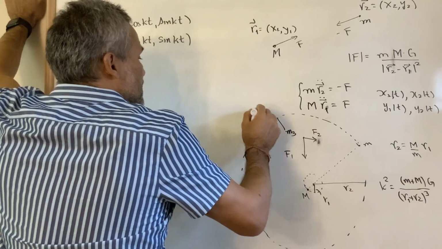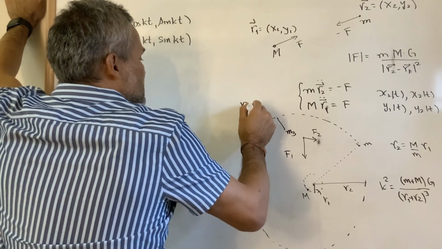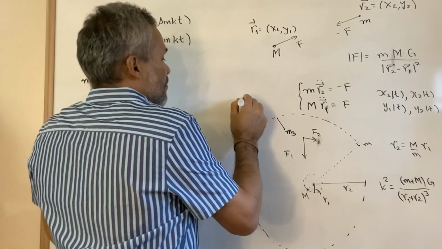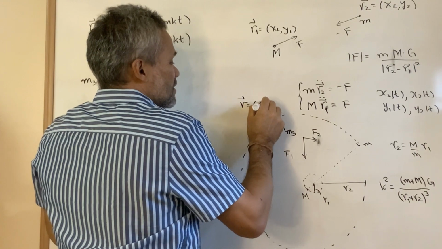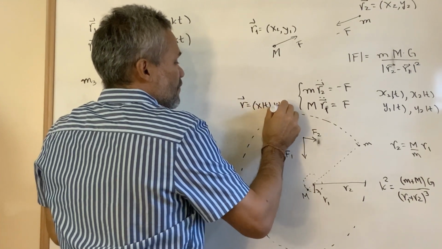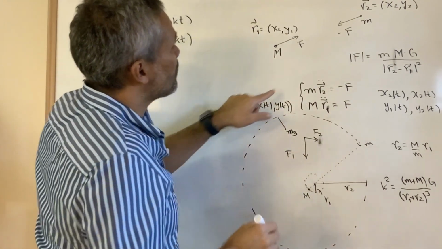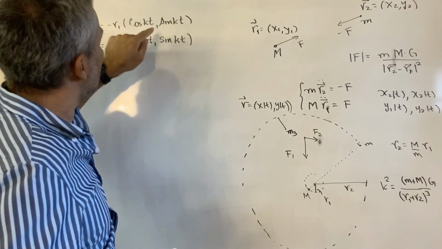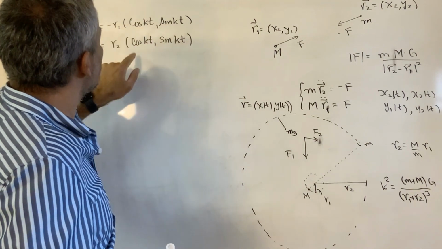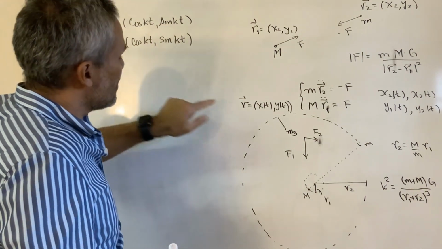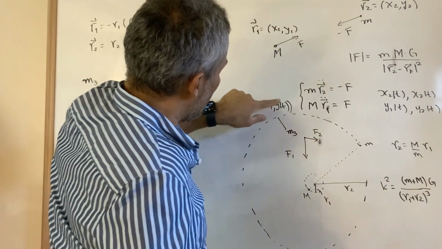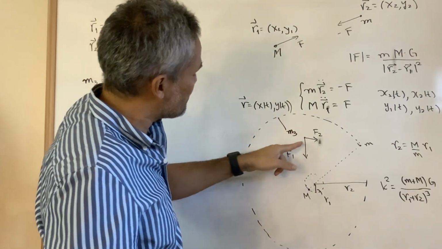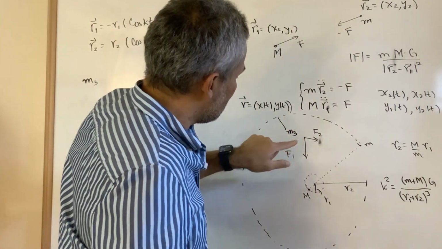Let's suppose that this body has these coordinates. Vector r is x of t, y of t. Remember, we are using x1 and y1 to be these two, x2 and y2 are these two, and my x and y are the unknown, and they describe the motion of this body.